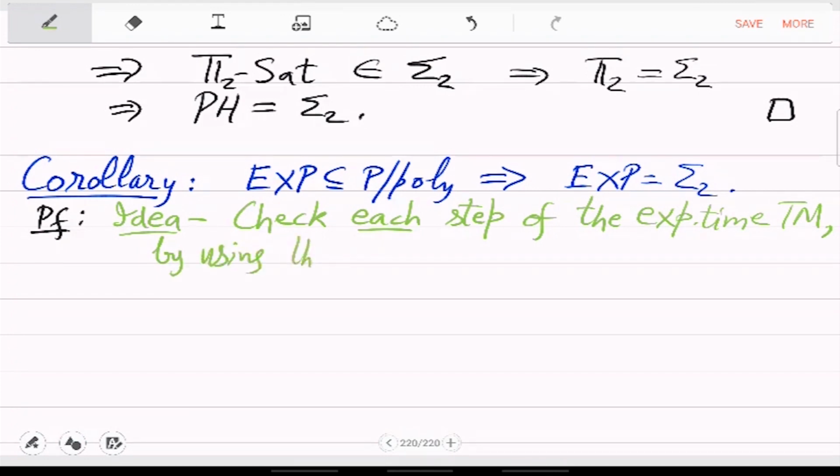If there is a circuit that exists for X, then every step we will check by that circuit.